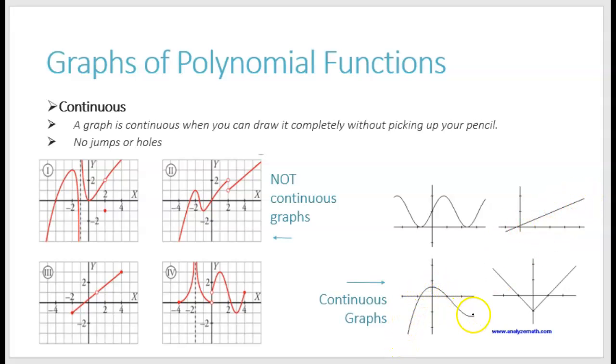This one is also continuous. It's a weird looking curve, but it is continuous. I don't have to pick up my pencil, no jumps, no holes. This absolute value function is also continuous. No jumps, no holes. I do not have to pick up my pencil to draw that, okay?